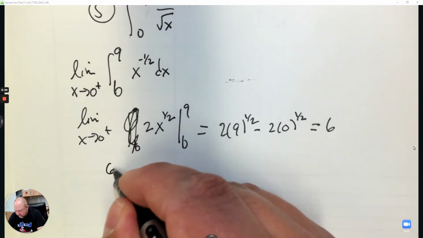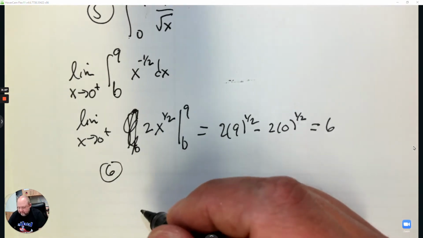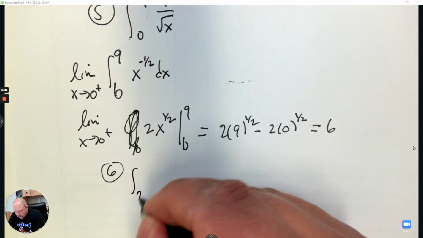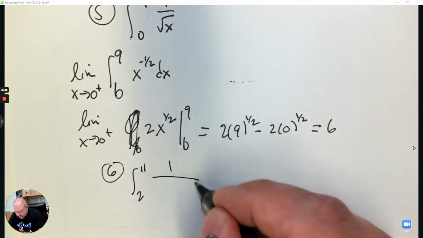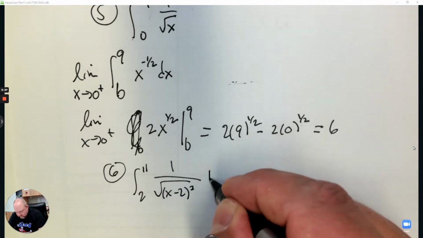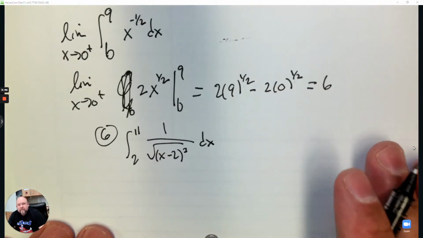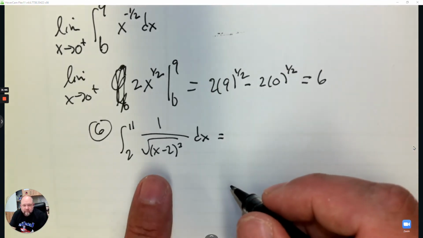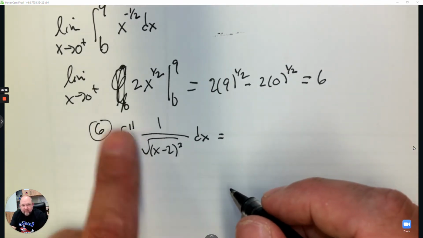I know it's a little different to think about. All right, number 6. We go from 2 to 11. So from 2 to 11, what's wrong?